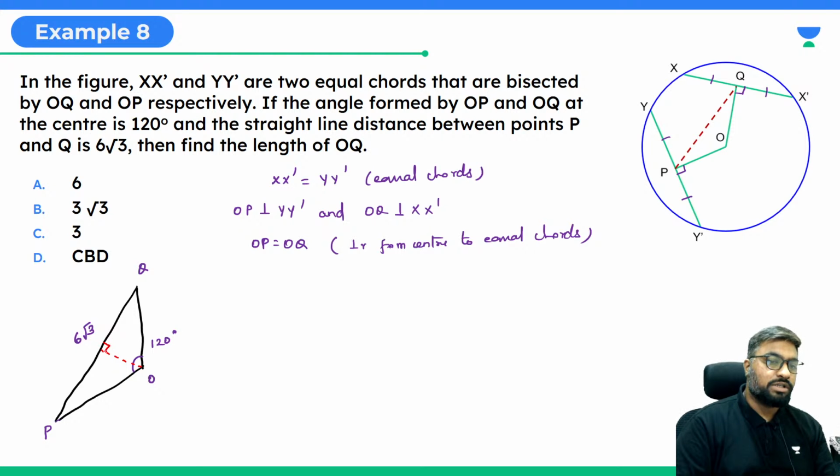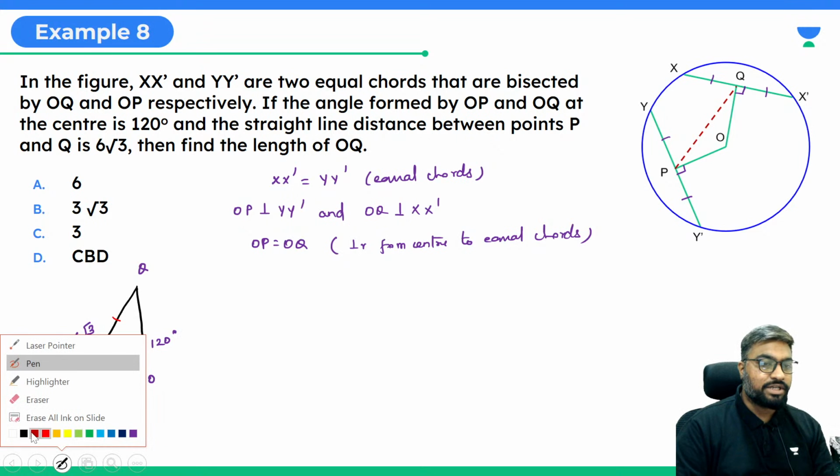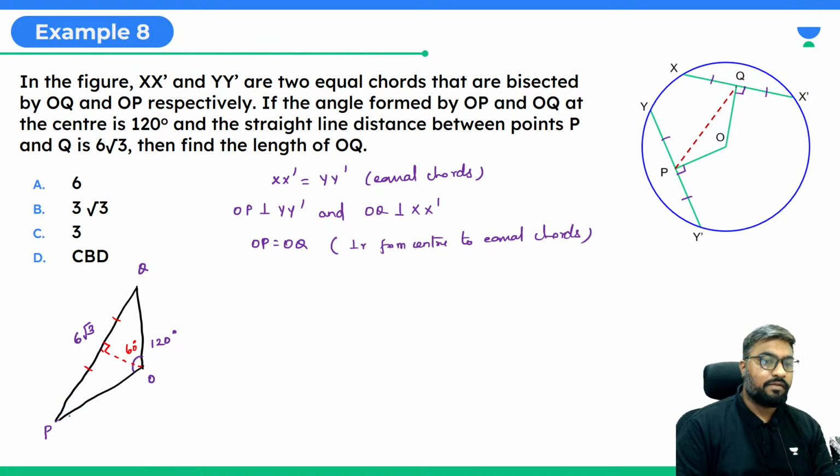This will be an isosceles perpendicular. Yes, that means it will divide this into two equal parts, and the angle also into two equal parts, 60 and 60. So now I have a right triangle. This is how my triangle looks like.